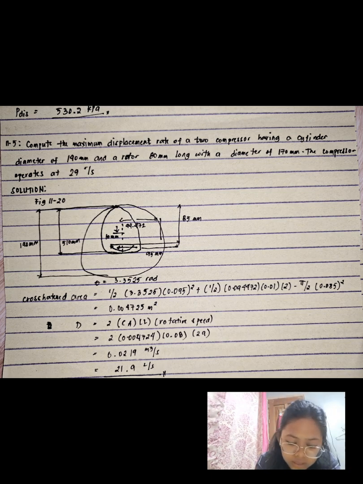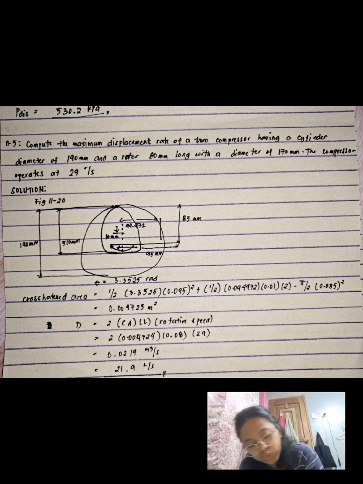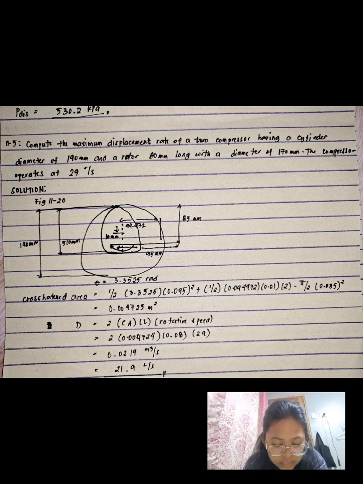So for D, it is equal to 2 multiplied by CA times L times relative speed. Simplify that: 2 multiplied by 0.004724 times 0.08 times 29 is equal to 0.219 meter cube per second. So we have our final answer at 21.9 liter per second.